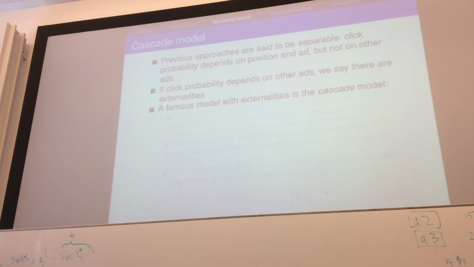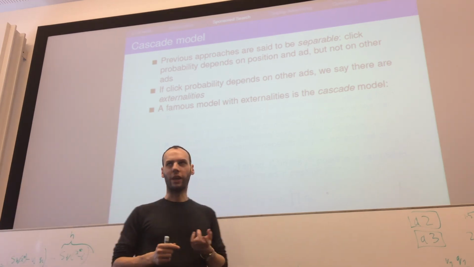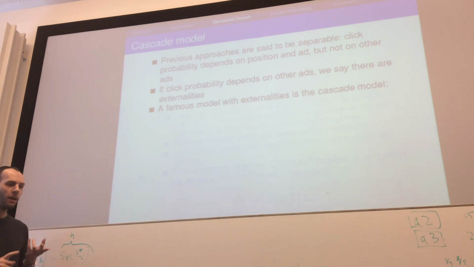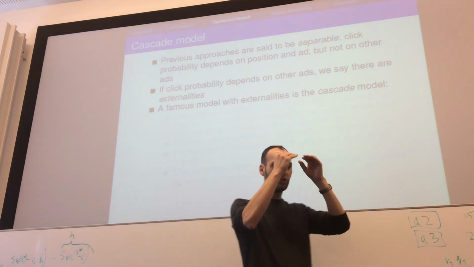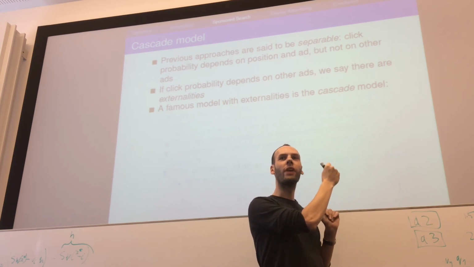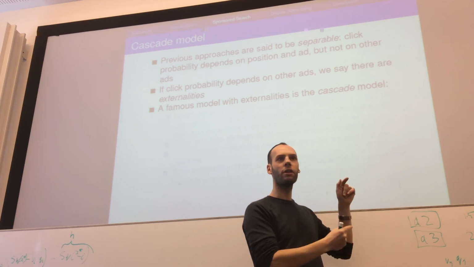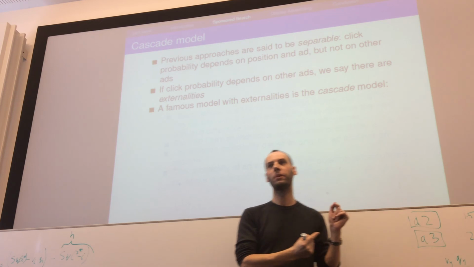Now, so far we've assumed that your click probability depends on two things: the ad quality and the position that you're shown. In reality, the probability that a person scans below the first ad might depend on which ad is shown in the first place. So if you have various, say, coffee beans, you're going to click on the first one, and you might never actually end up at the second one.